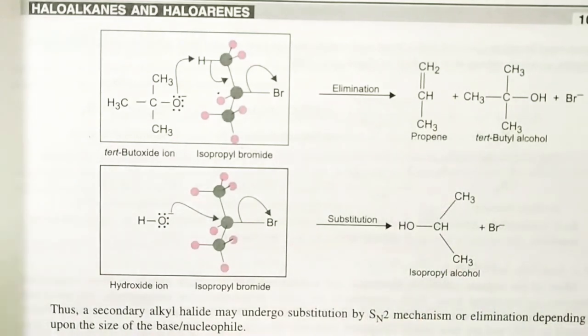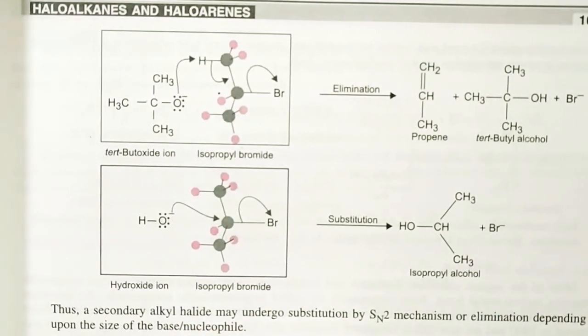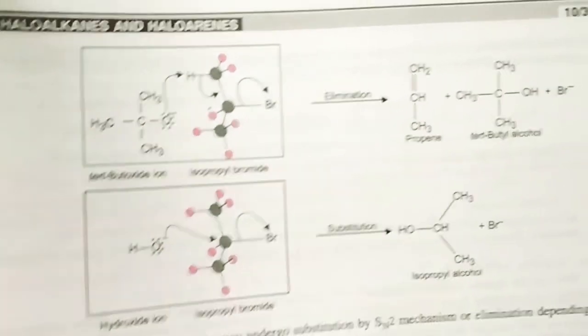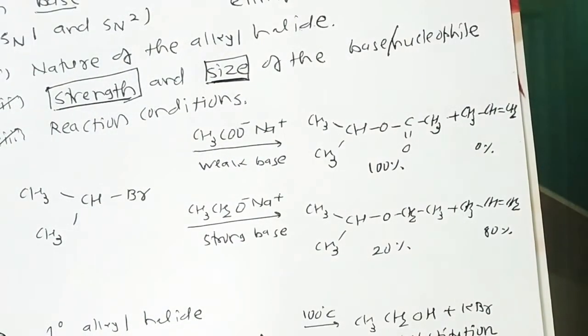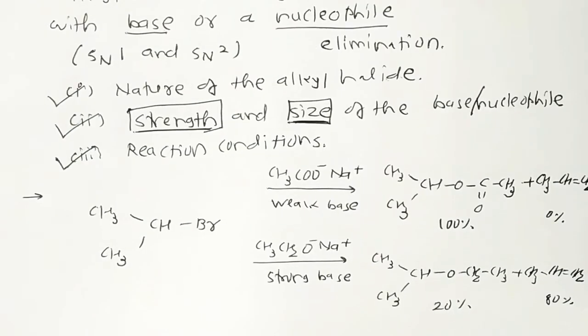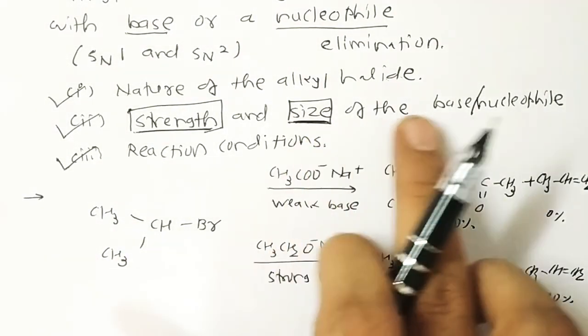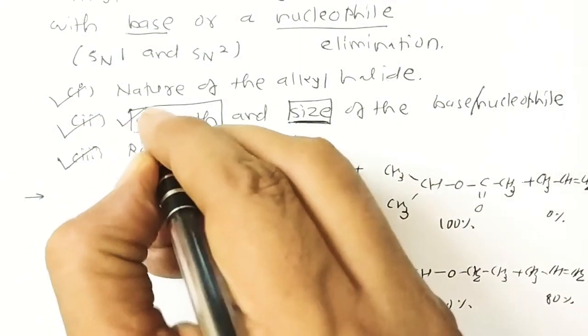So a secondary alkyl halide may undergo substitution by the SN2 mechanism or elimination, depending upon the size of the base or nucleophile. This is the first concept, about the size of the base or nucleophile. Now we focus on strength.